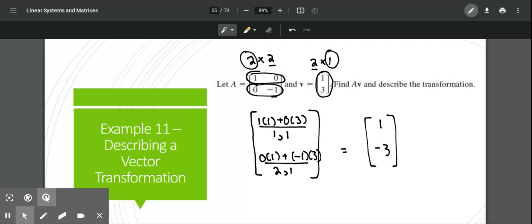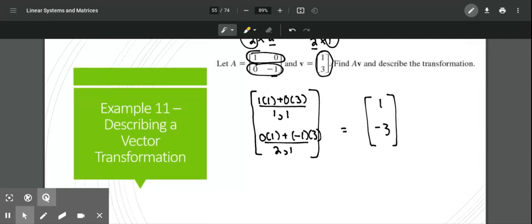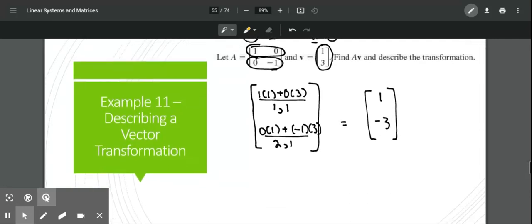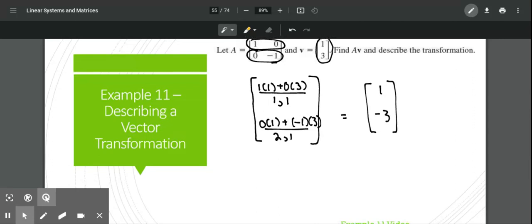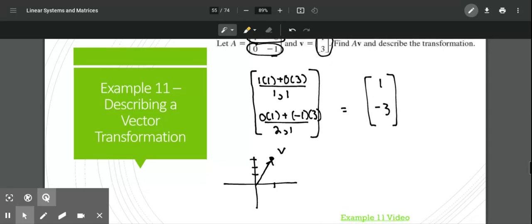Right? So the question asks us to describe the transformation. Visually, remember vector v was 1, 3. It had the components of 1, 3. And if we graphed 1, 3, our vector v would look like this. But now, after we applied the transformation, we're graphing 1, -3.